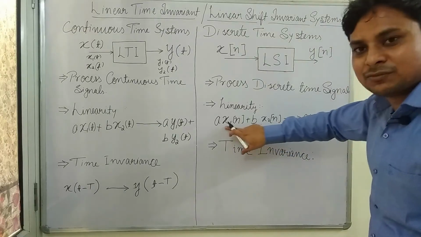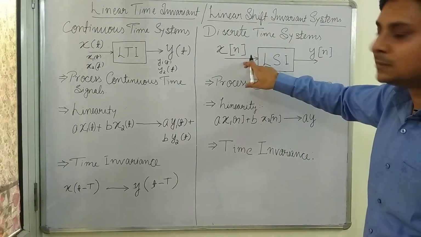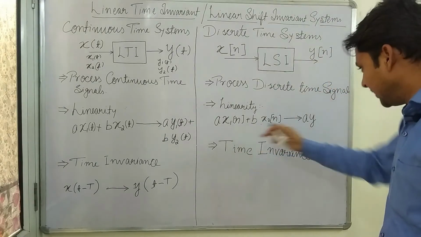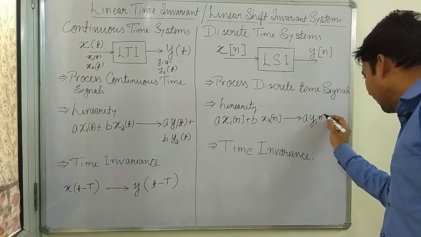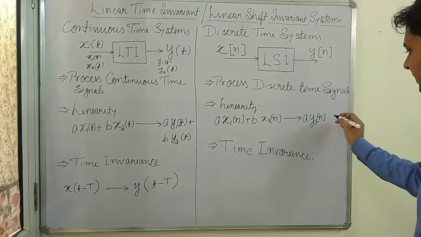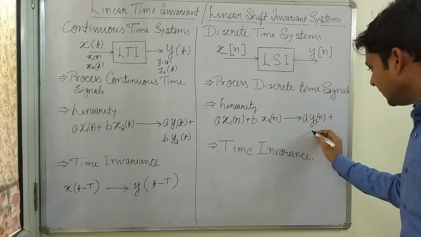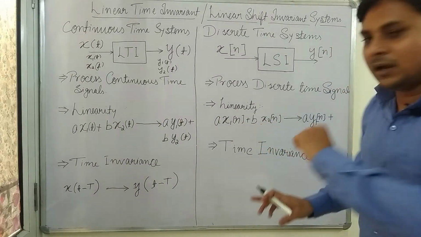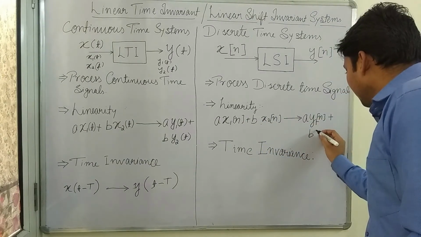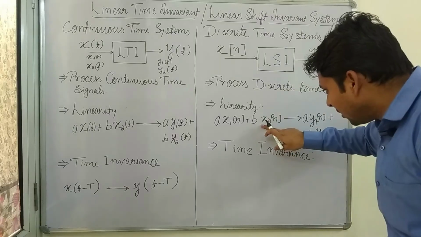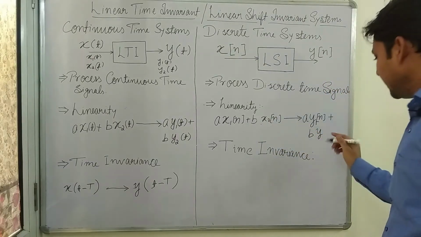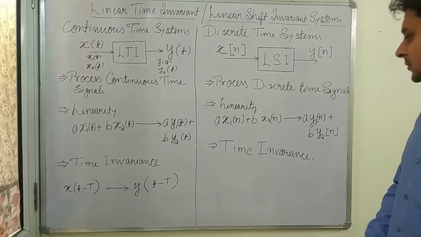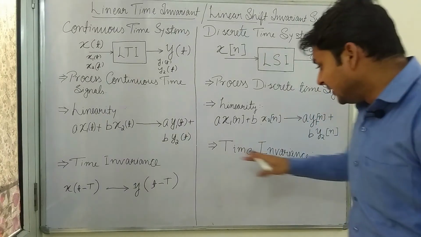If we give this system x1[n], the output will be y1[n]. So the output will be a y1[n] plus b times the output corresponding to x2[n], that is, y2[n]. Got it?